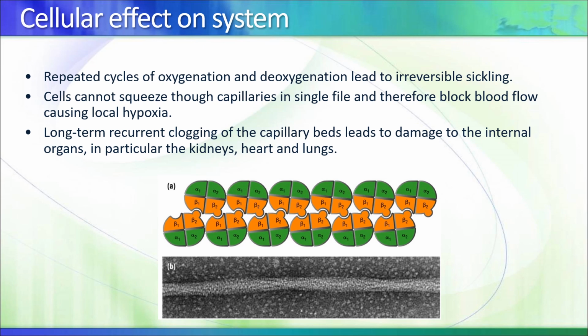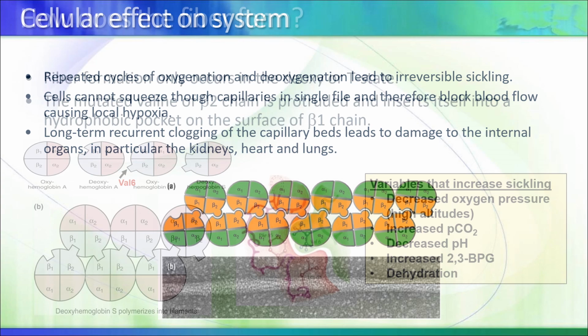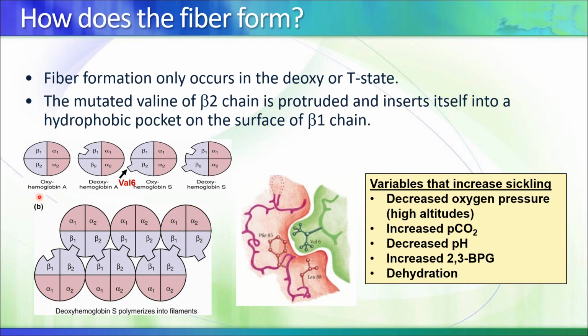So the question now is, why is it that hemoglobin molecules, or the sickled hemoglobin, cluster together? See, what happens here is that right here you have a hemoglobin molecule that is oxygenated. It looks like this. Okay. Now, if it is deoxygenated, it would cause the formation of a hydrophobic pocket within the molecule itself, within the beta-1 chain.